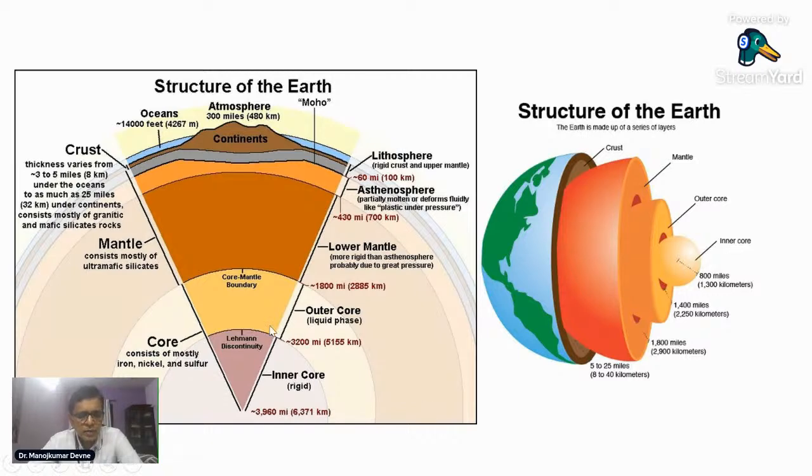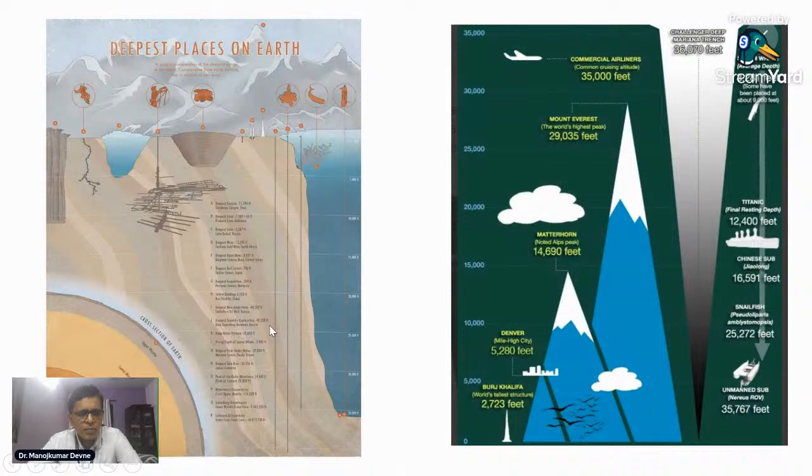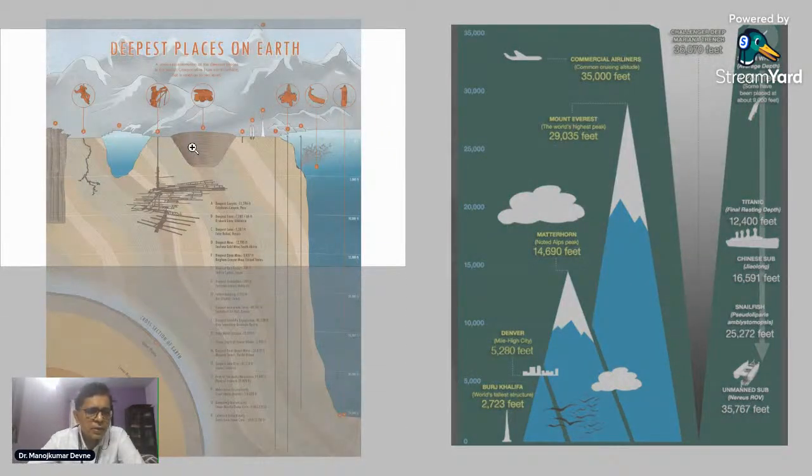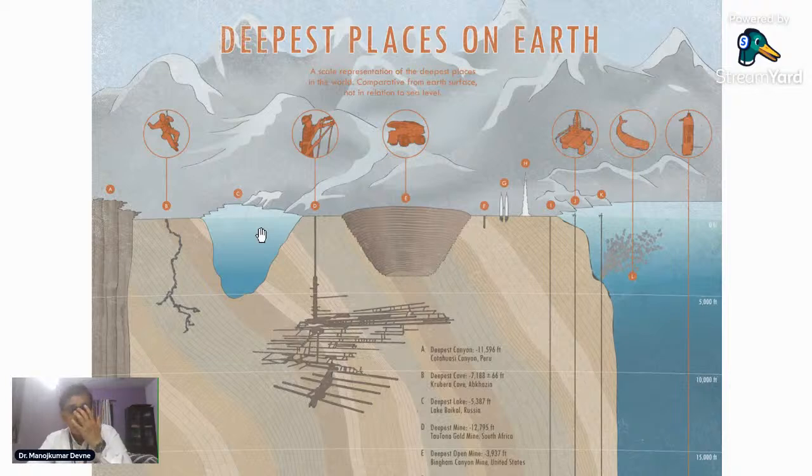Let me just bring a couple of slides in front of you all. These are images that I have collected from Google, so I would obviously credit them to their respective sources. This is how far man has actually studied his environment and been able to reach out.